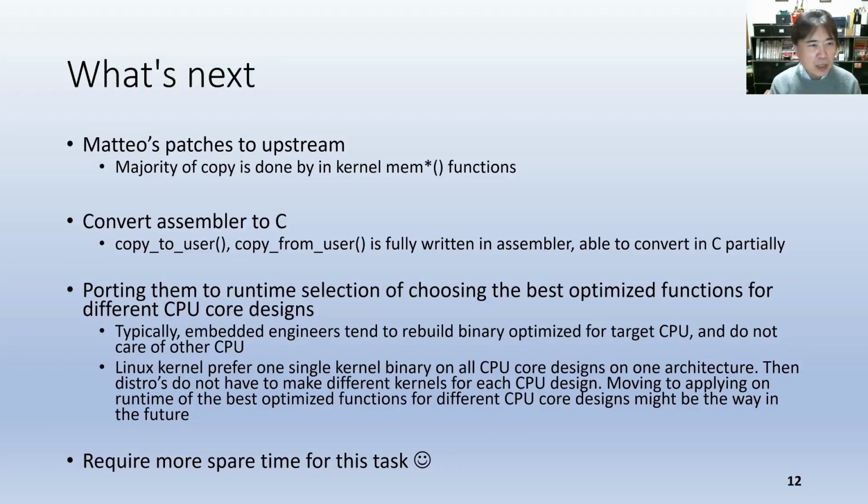We really would like to have Matteo's patches in the upstream kernel, because the majority of copying is done with memcpy. For my portion, as I mentioned a few pages before, I would like to convert the copy function from fully written in assembler to partially C source code with partially assembler, where trapping the page fault is the only portion that must be written in assembler.